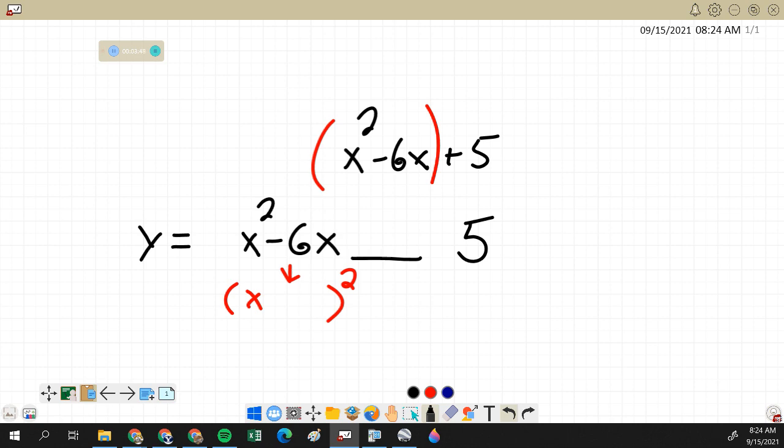Half of negative 6. So negative 3. But what is negative 3 times negative 3? Positive 9. So when I create this, I need to put a 9 here, and that's the only way for that quadratic to factor into (x minus 3) squared.